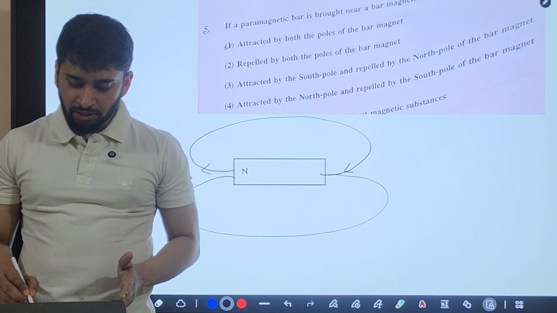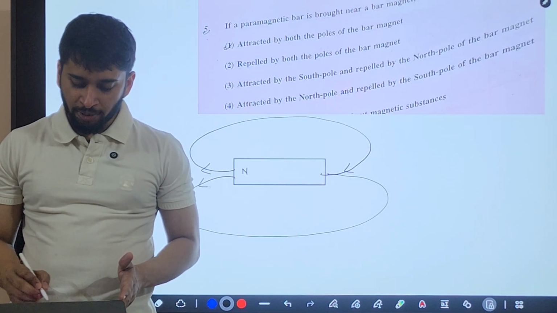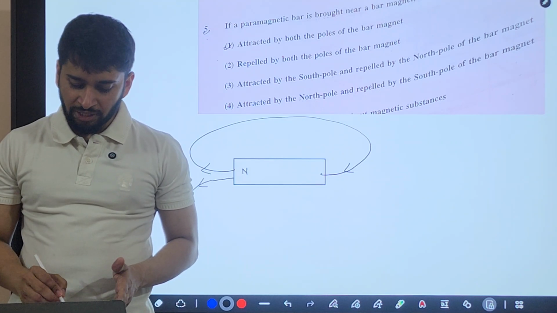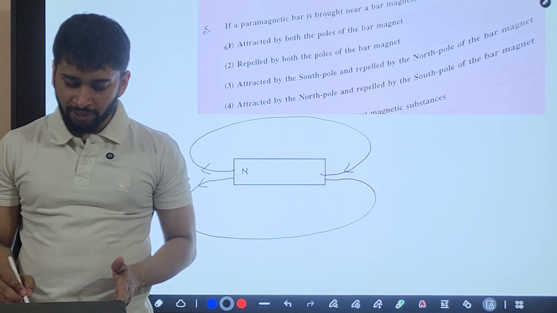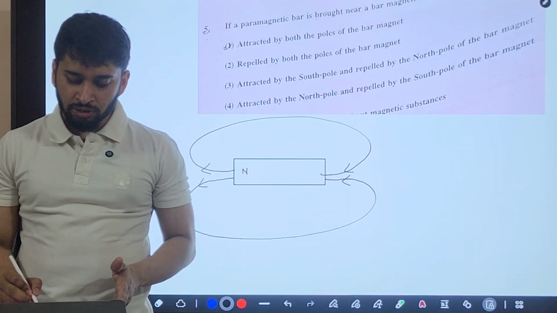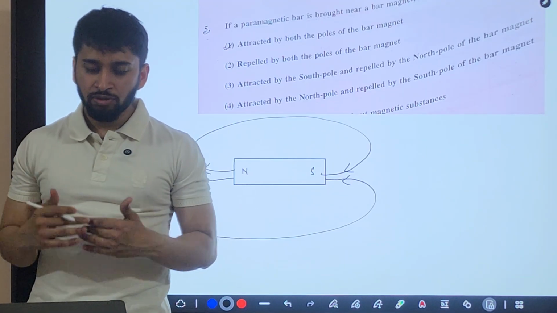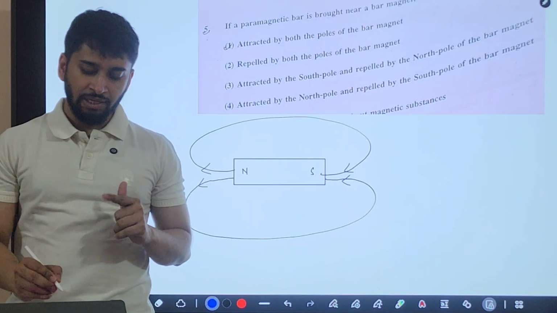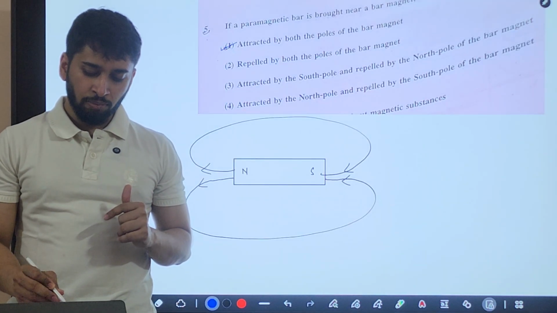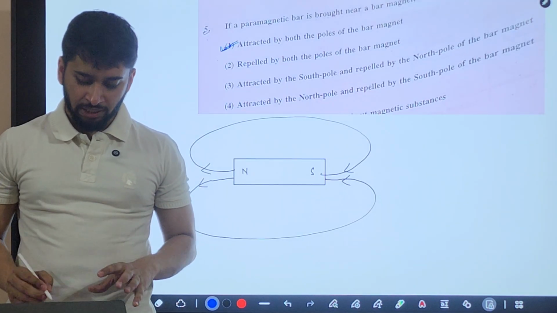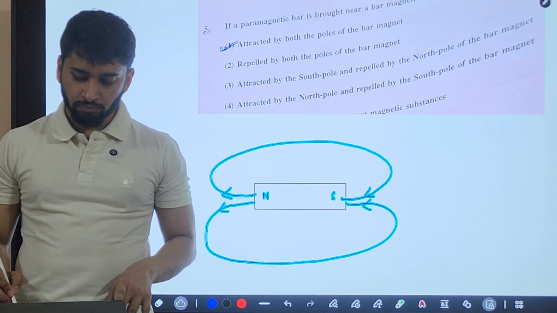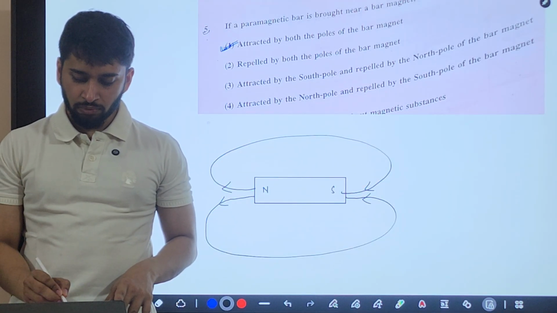It will move from weaker magnetic field region to stronger magnetic field region. So near the poles, the strength of the magnetic field will be high, so it will be getting attracted towards both the poles. Fine. So here answer will be attracted by the poles of the bar magnet. Here the answer will be option 1.